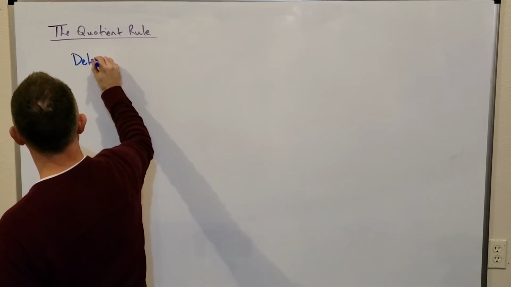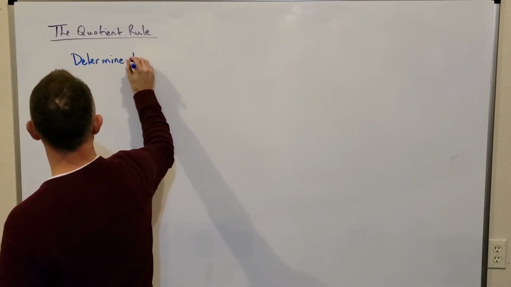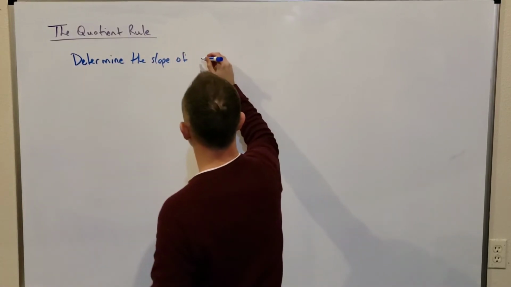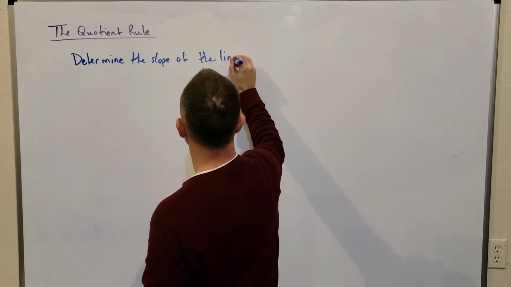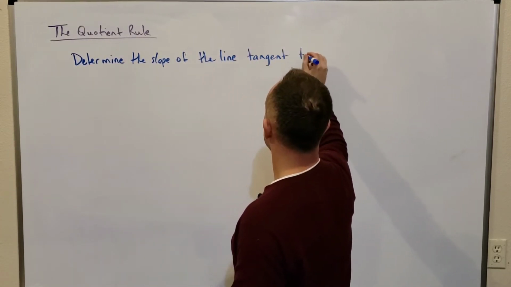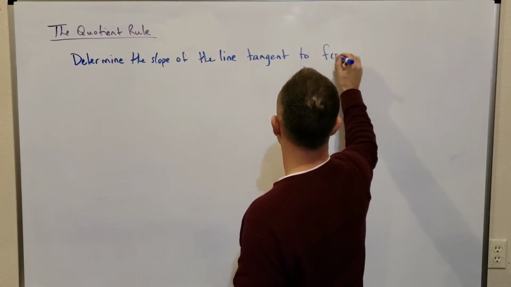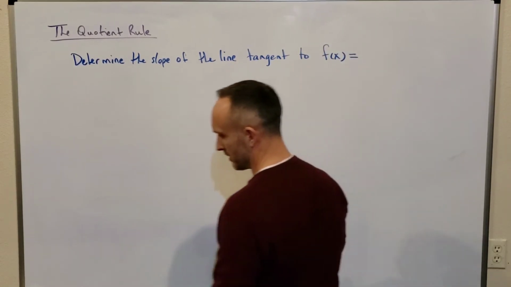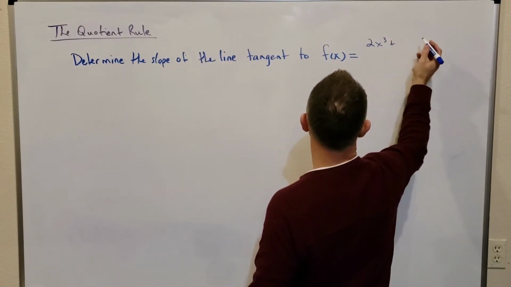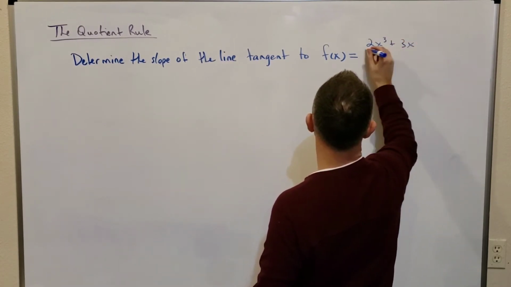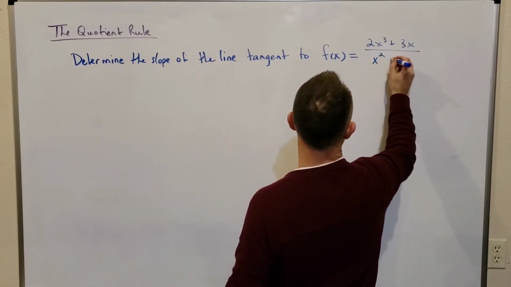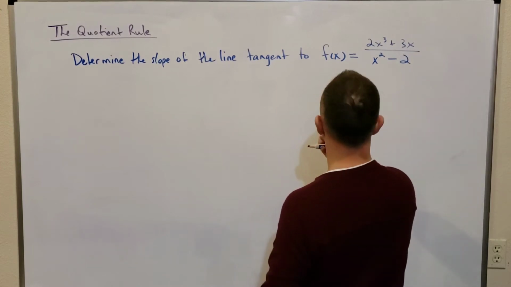Determine the slope of the line tangent to f of x equals 2x cubed plus 3x over x squared minus 2.